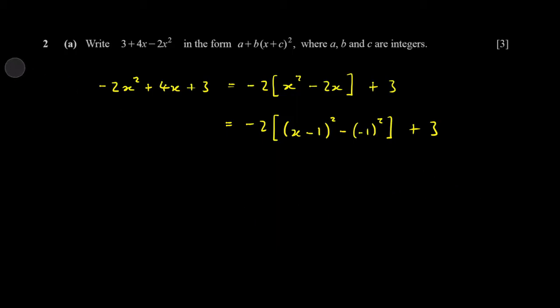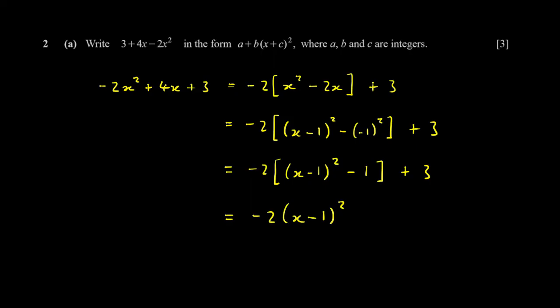Now let's simplify what we've got here. So I have got -2 bracket x minus 1 all squared. Now -1 squared is +1, so we've got minus 1 like that, plus 3. And I'm just now going to expand this square bracket out. So I get -2 bracket x minus 1 all squared, -2 times -1 is +2, plus 3.